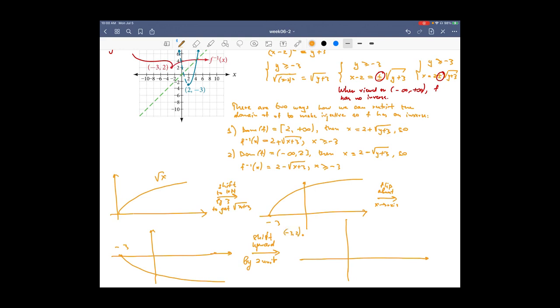It will intersect the x-axis at the point, or maybe not 2, 0, maybe at point 1, excuse me, at point 1. Because when x equals 1, we get 2 minus root 1 plus 3, that's 2 minus root 4, that's 2 minus 2, which is 0.